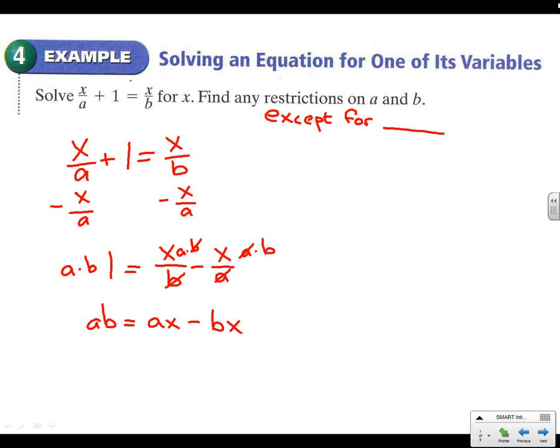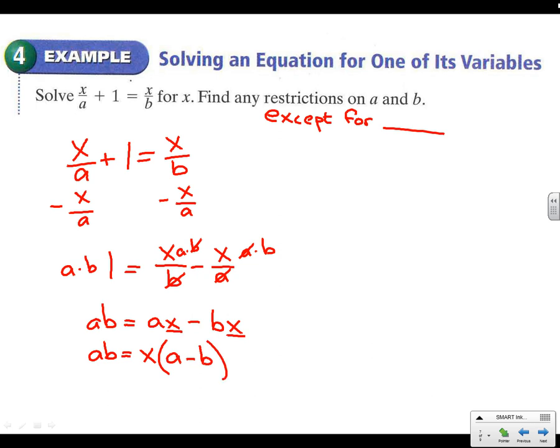All right, the fractions are gone, so that makes it a little easier. We want to get x by itself, so we need to factor out the x's. All right, this term has an x, and this term has an x, so we can pull the x out in front. Okay, might have to remember this from algebra. A minus b is what's left.